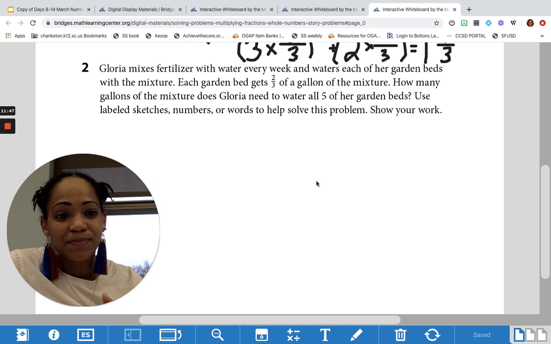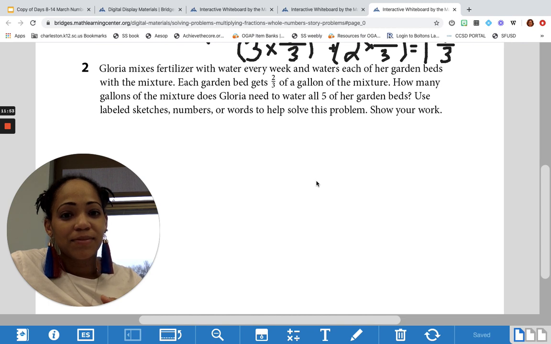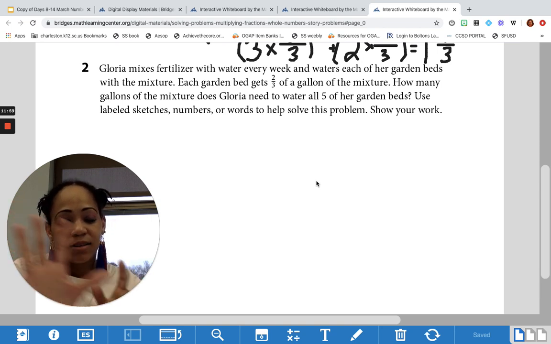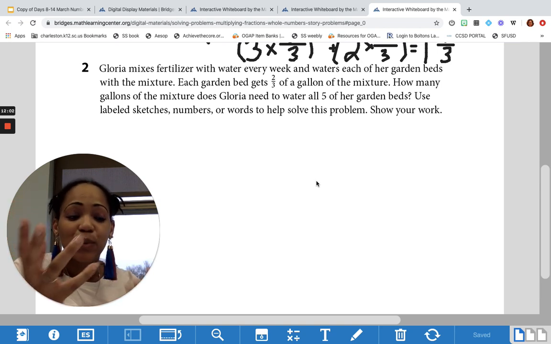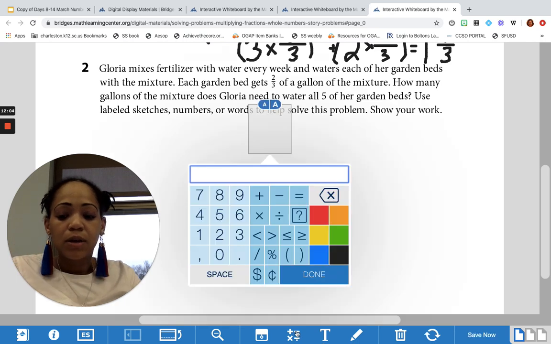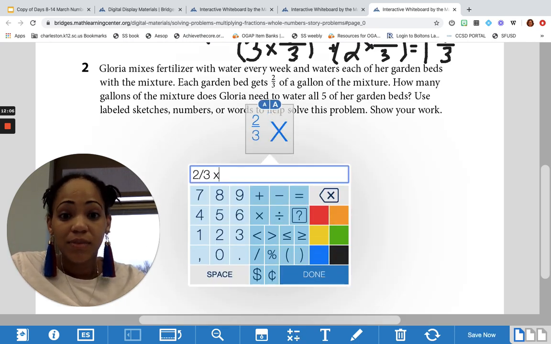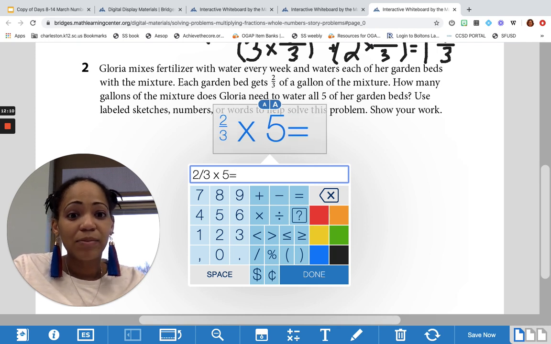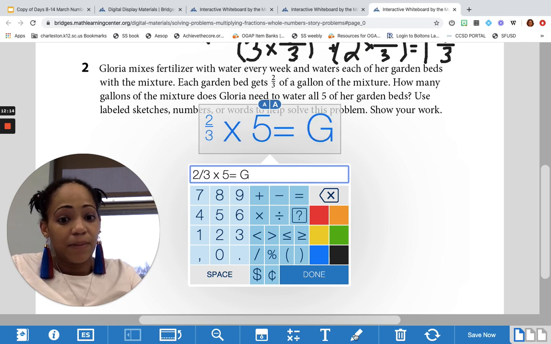All right, she's watering 5 beds and each one gets 2/3. So what would my expression be? My equation. Good, I have 2/3 times 5 is going to give me how many gallons she needs.